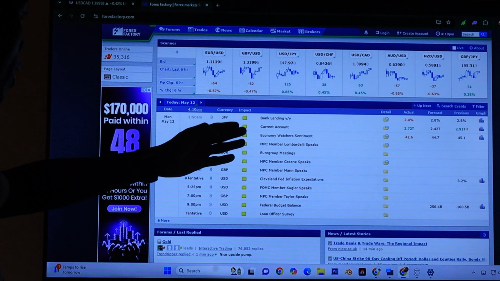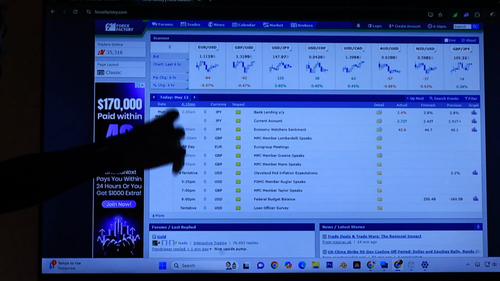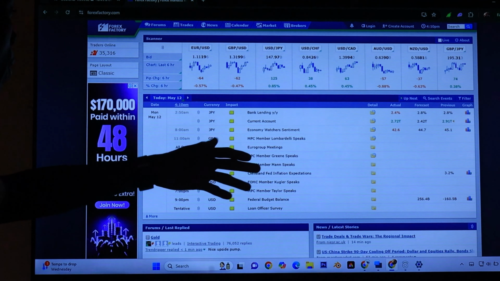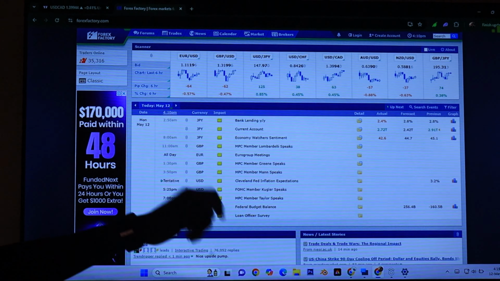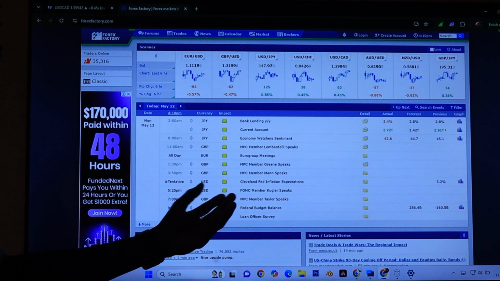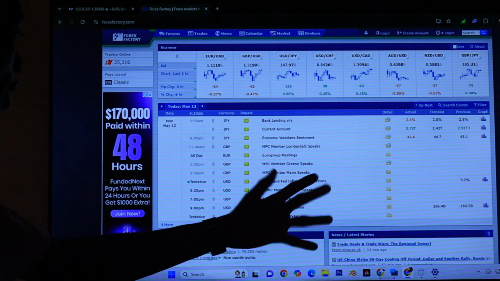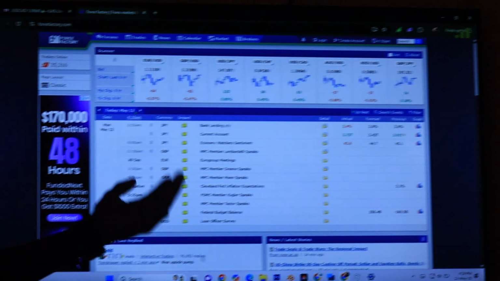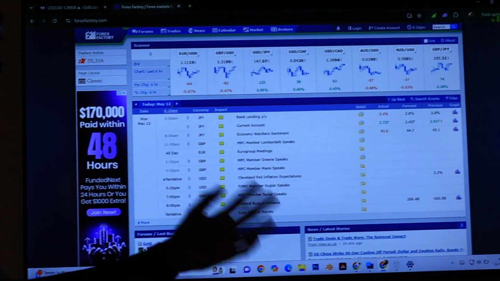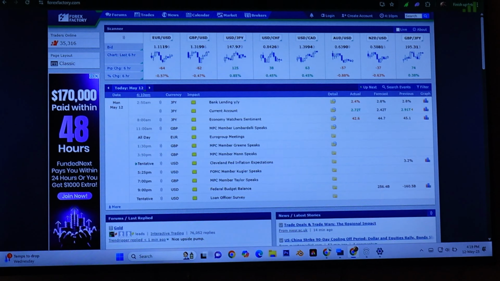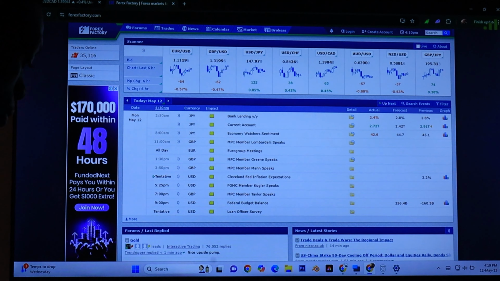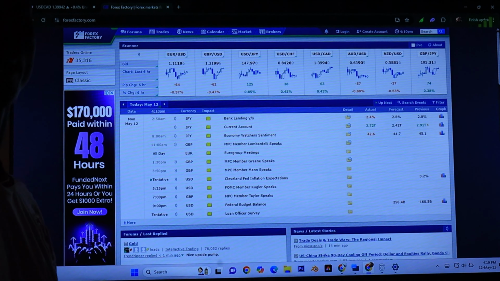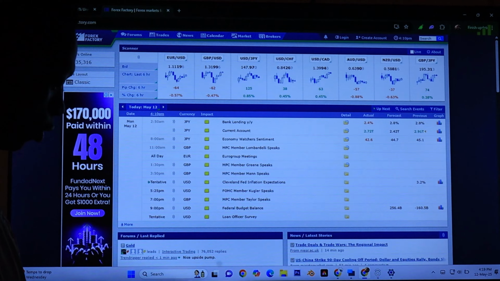There is news related to the JPY, GBP, the Euro, and the USD, of which there was the FOMC member Kuglas speaking, and the GDP for the Great Britain Pound. There was this member, Tyler, who spoke. And you can find that there is no red folder news or high impact news.